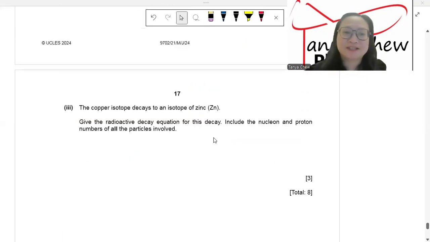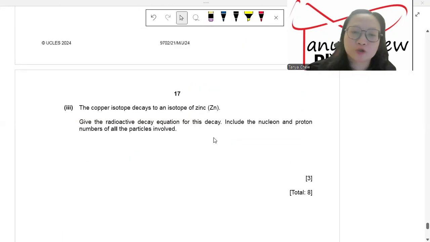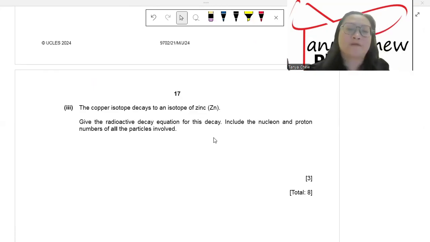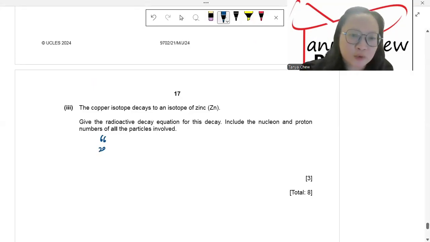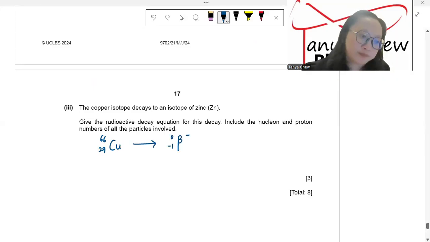And the third one, which is the last part, the copper isotope decays to an isotope of zinc. Give the radioactive decay equation for this decay. Include the nucleon and proton numbers of all the particles involved. How do you go about this? Just write down 66 29 Cu. Decay to give beta negative. Remember, beta negative is 0, -1.